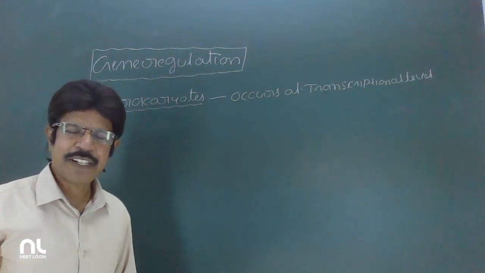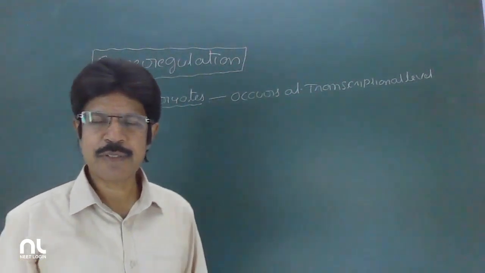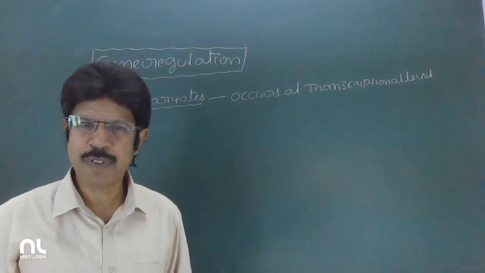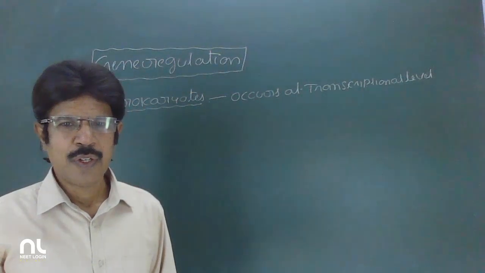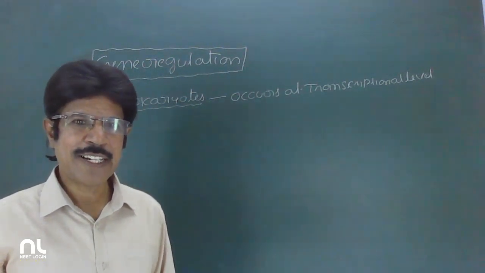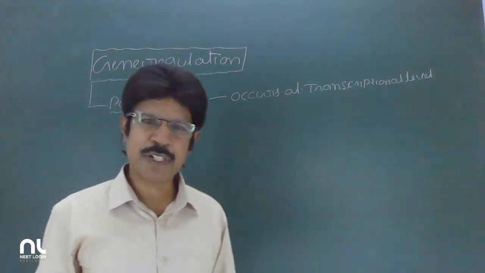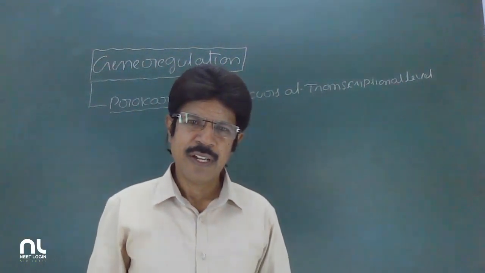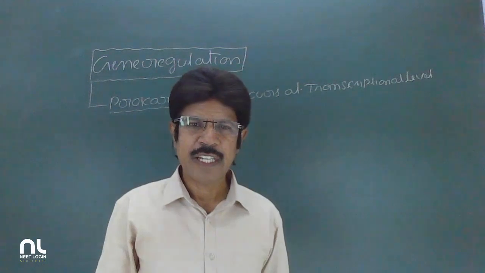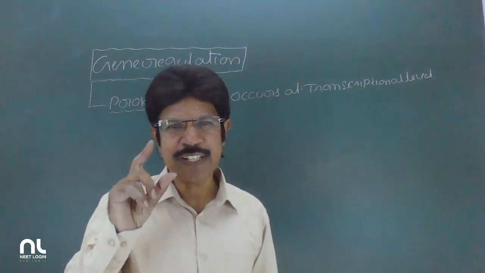What does it mean? In transcription, only mRNA is formed. So translation and transcription are coupled in bacteria. Why? It occurs in one compartment. And translation begins even before mRNA is fully transcribed.